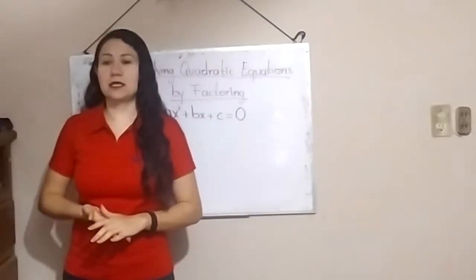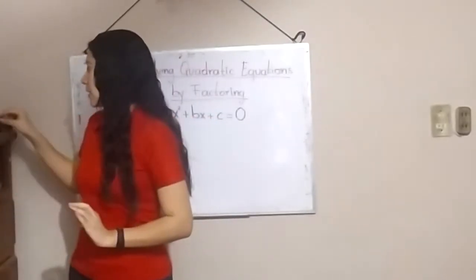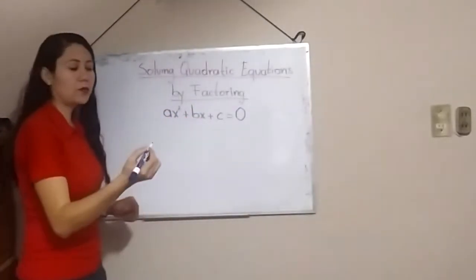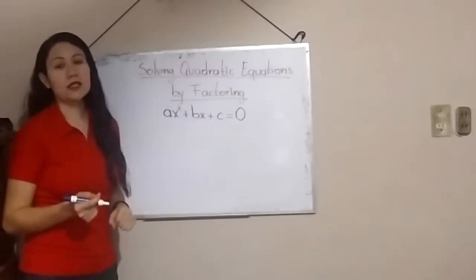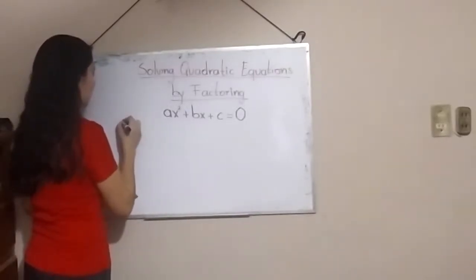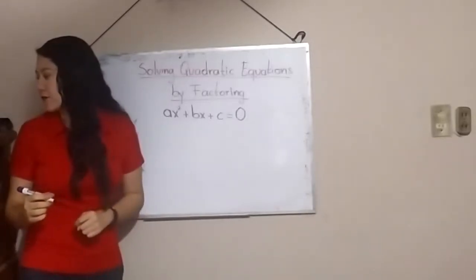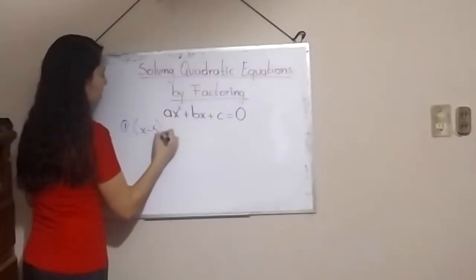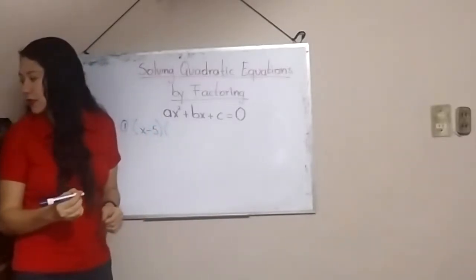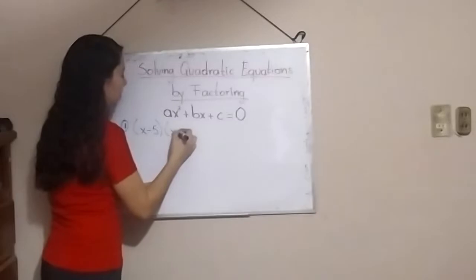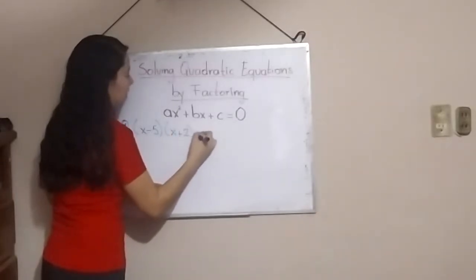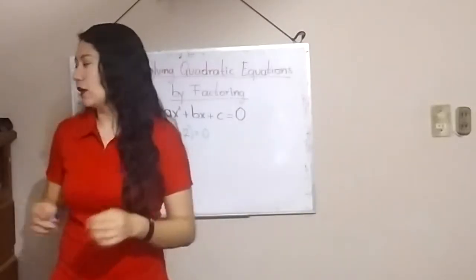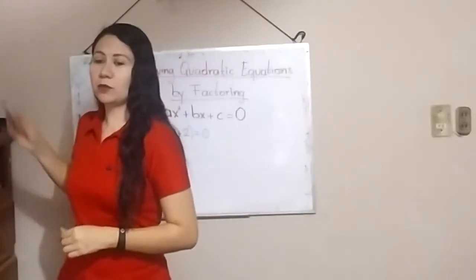And now let's see how to solve a quadratic equation. We have this example in our presentation. The first one is already factorized. We have x minus 5 multiplied by x plus 2 equals 0. This example is only to use the zero product property.